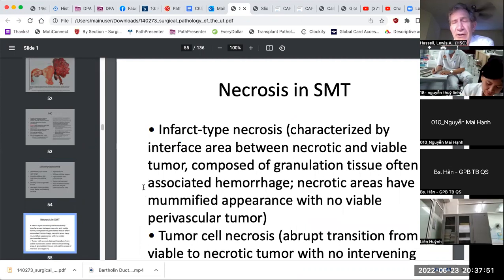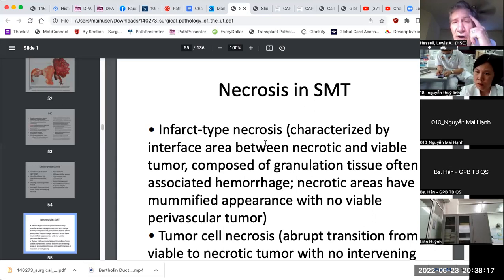So let's talk about necrosis. Since this is a key microscopic feature, there are 2 variants of necrosis that can be seen and need to be considered. So infarct type necrosis, which is more like what we had with the apoplectic leiomyomas and so forth.